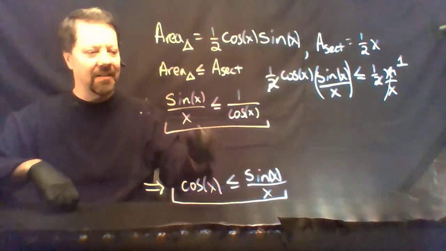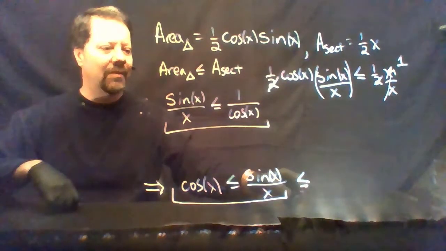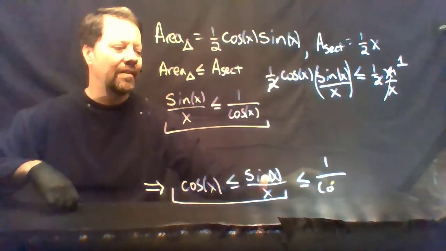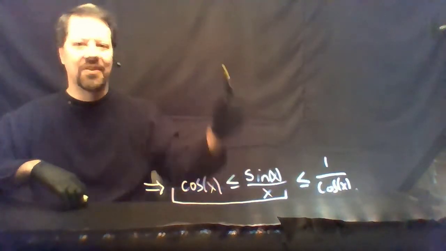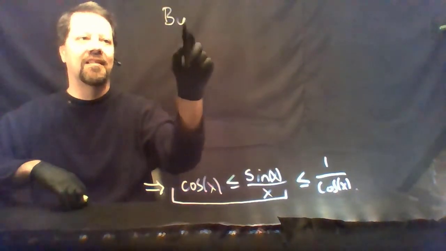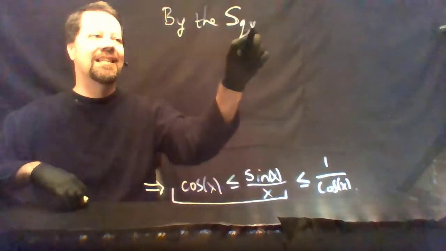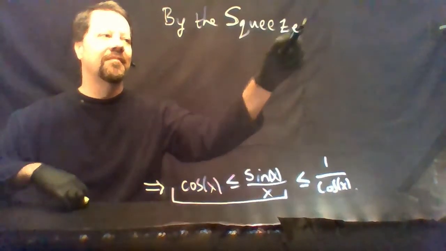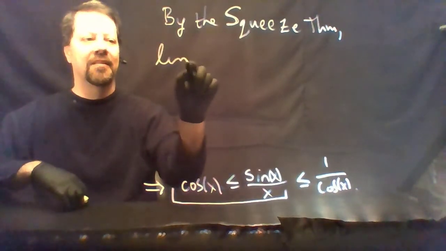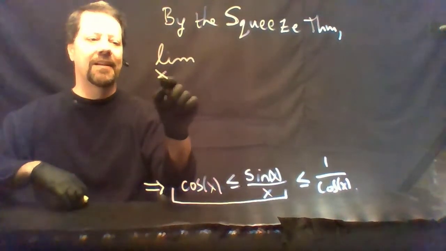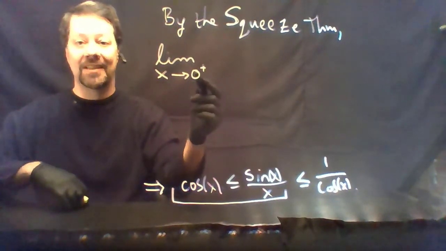Now compare these inequalities. You can see now that we have a chain of inequalities. You can see then that by the Squeeze Theorem, we have at least the following: the limit as x goes to 0 from the right. We did, after all, assume that x was positive.